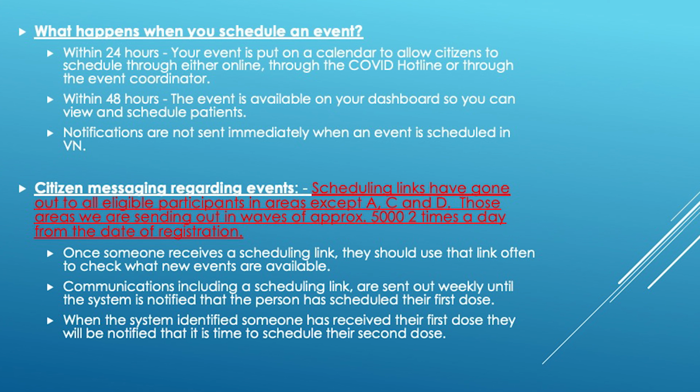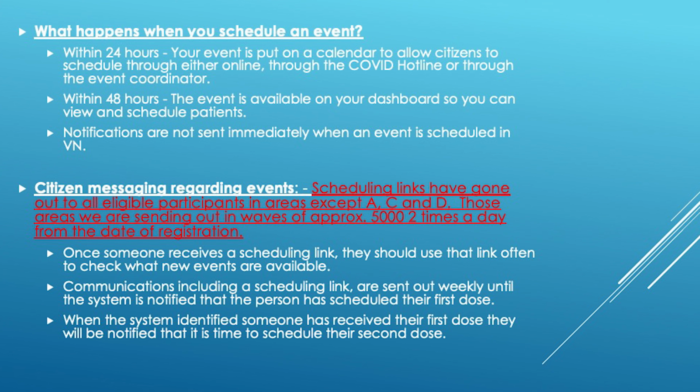And then within 48 hours, the event is available on your dashboard so you can view the patients that have signed up. And you can schedule patients too. That's a new feature to Vaccine Navigator. When we rolled out, we were trying to get it out as fast as possible, so there's new features being added, and we're taking in information to try and make it better.